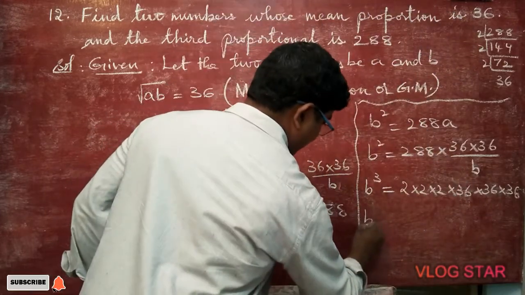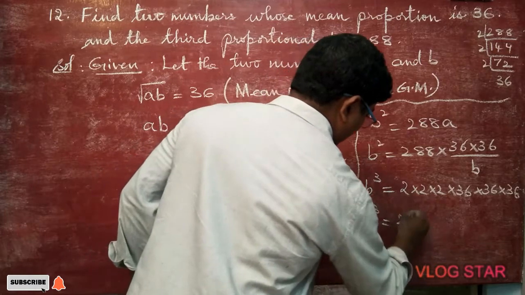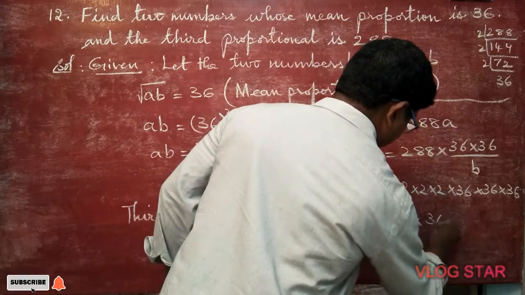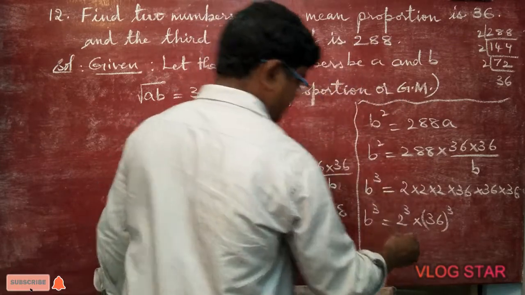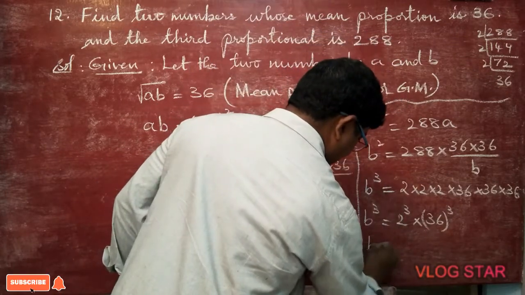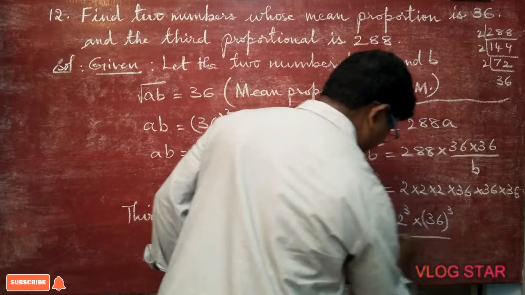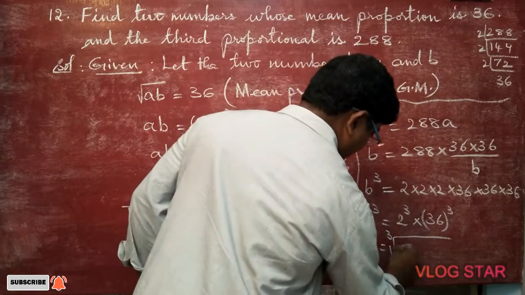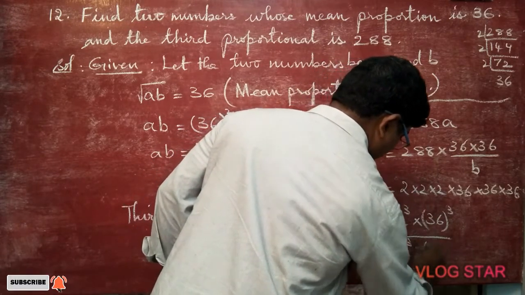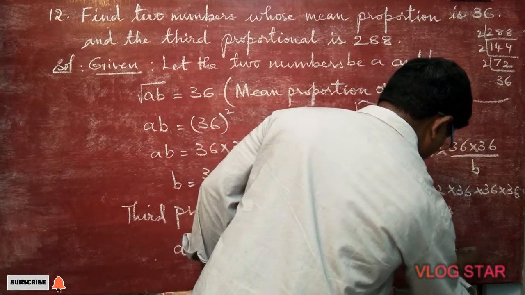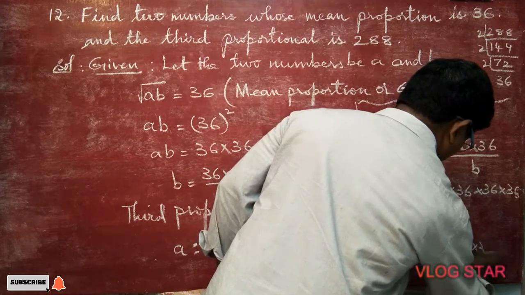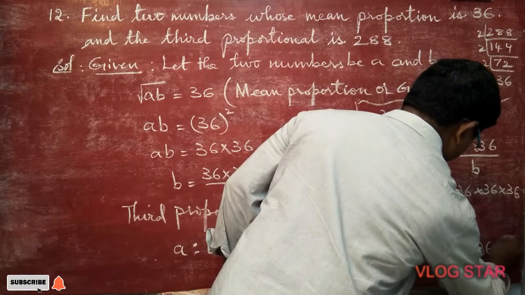Now B cube is equal to 2 cube into 36 cube. Now cube root. So B is equal to cube root of 2 cube into 36 cube. So that is equal to 2 into 36. How much? 72.